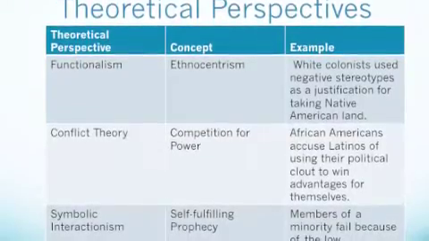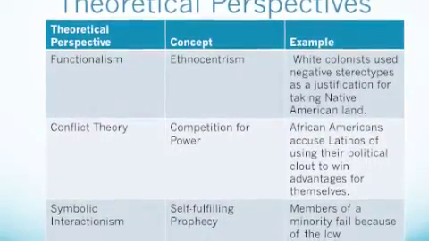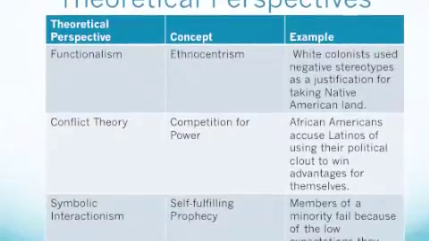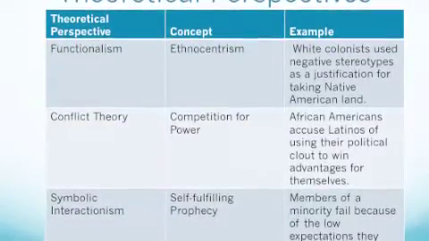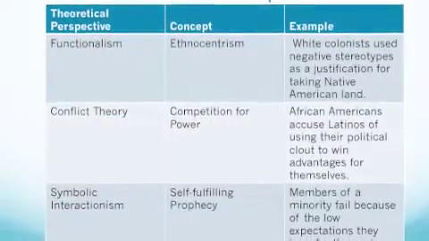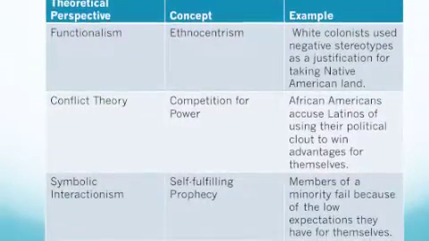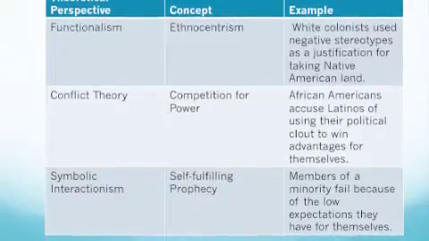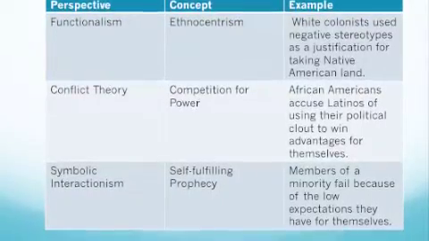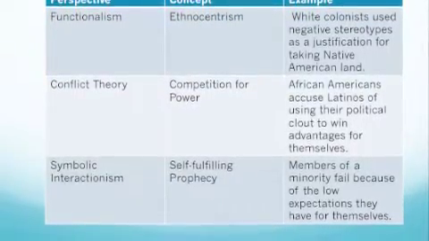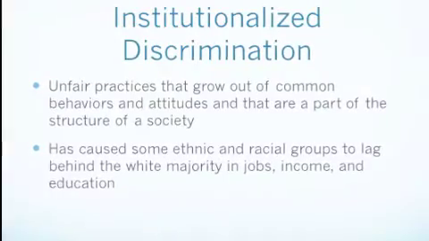According to conflict theory, a majority increases control of its resources by prejudice and discrimination. In this perspective, minorities tend to see each other as rivals rather than allies. According to symbolic interactionism, members of society learn prejudice and discrimination through experiences, language, and self-fulfilling prophecy, which is an expectation that eventually becomes a reality.